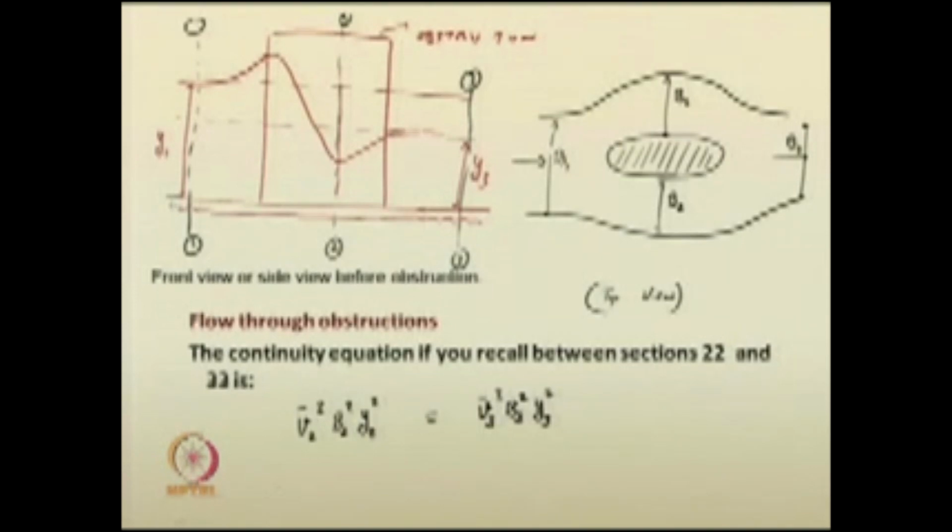We have to incorporate the energy equations also between the sections and try to analyze how we can analyze flow through obstructions. At the obstruction, the Froude number can be given like this.